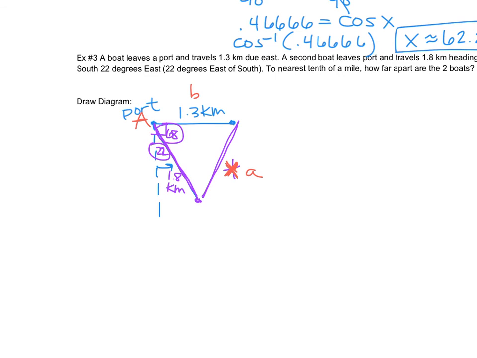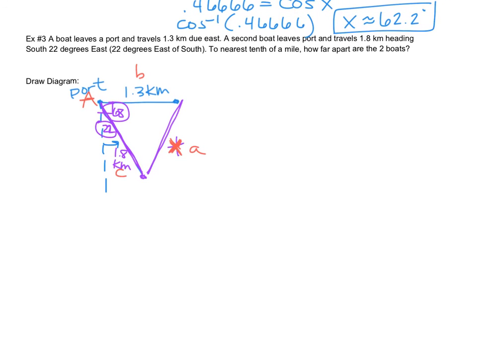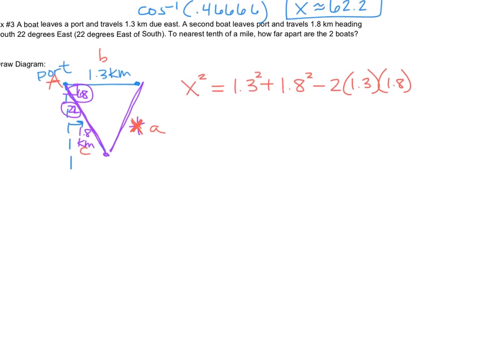So then B and C, again, interchangeable. It doesn't matter. Okay, so if we're going to plug this in, it's going to be x squared equals b squared, 1.3 squared, plus c squared, which is 1.8 squared, minus 2 times 1.3 times 1.8 times what?